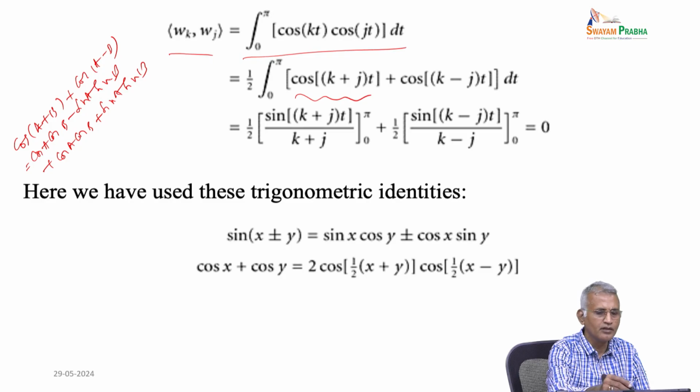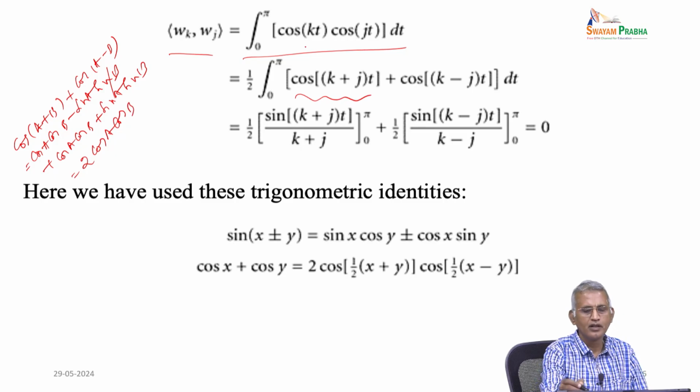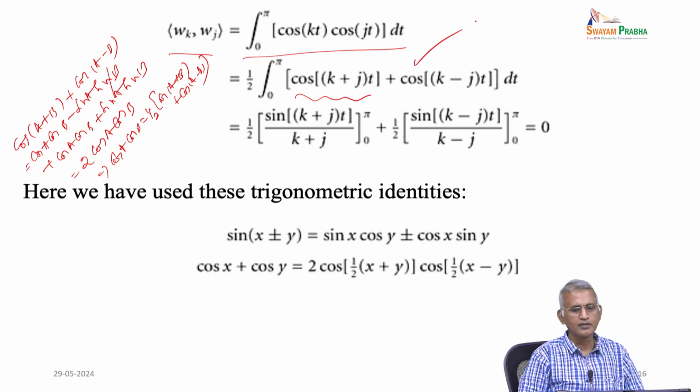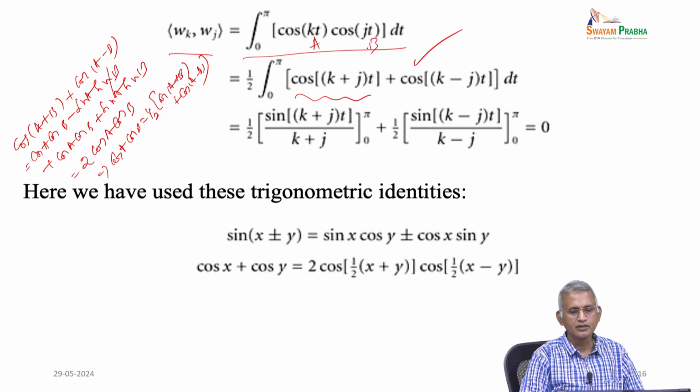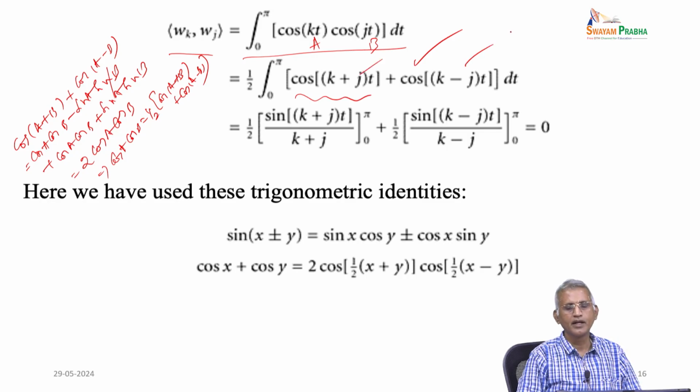This implies 2 times cos a cos b, but we need only cos a cos b. Therefore, cos a cos b equals half of cos(a plus b) plus cos(a minus b). Here a is kt and b is jt, so cos(a plus b) is cos((k plus j)t), and cos((k minus j)t) will come.